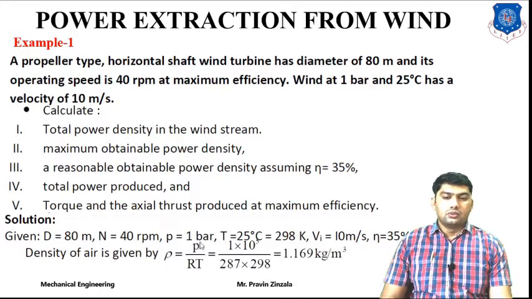Density is equal to pressure by RT, where R is the gas constant and T is the temperature. The pressure is given in bar, so we have to convert it into Pascal, means 1 into 10 raised to 5 Newton per meter square. R is equal to 287, it is the constant, and temperature is equal to 298 Kelvin. So the final density is equal to 1.169 kg per meter cube.